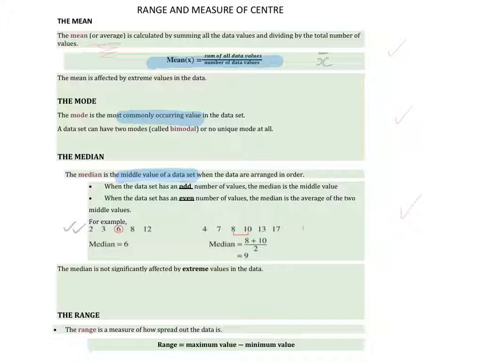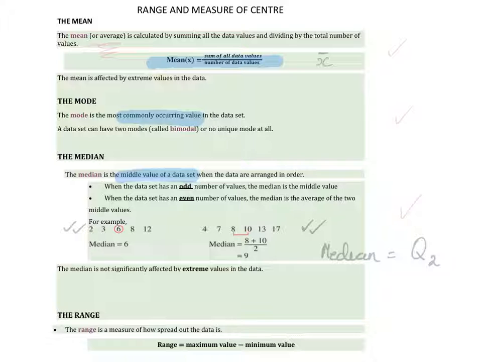In this example, where you have an even amount of data, you need to take the two that are in the middle and divide by 2. This can also be read from your calculator, and it is the median value on your calculator. Sometimes we call it Q2.